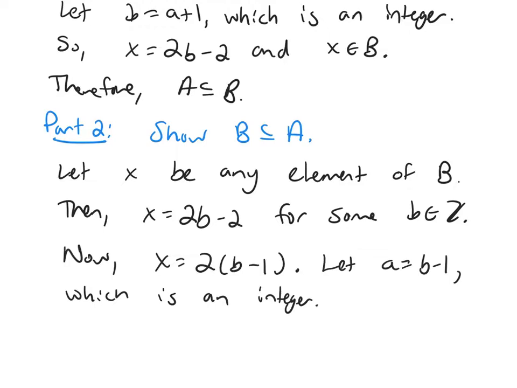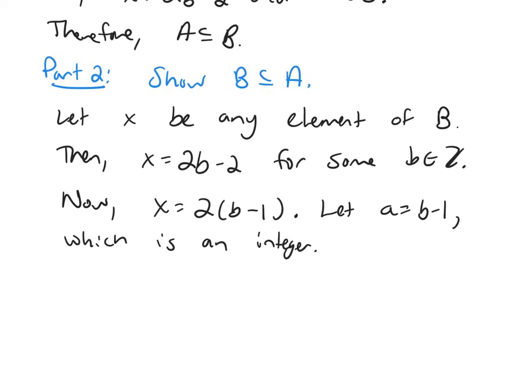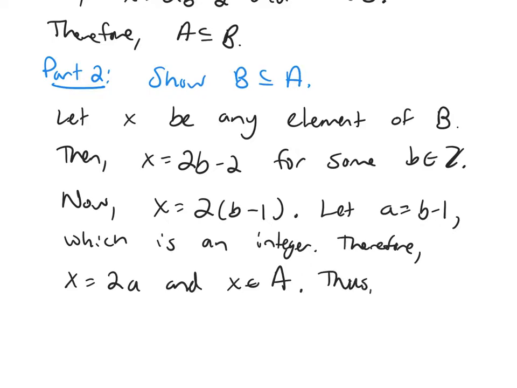It's a difference of 2 integers. Therefore, X is 2 times A, and we've concluded that X is in the set A. This means that B is a subset of A, because I took an arbitrary element out of B and showed it was in A.